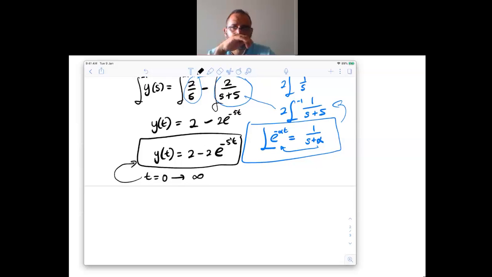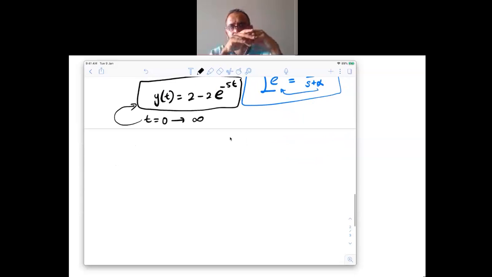So you give value of time when y is equals to y(0), what is the value? And then when y is equals to infinity, what is the value? All right. So this is how you do your checking of if system is stable or not.